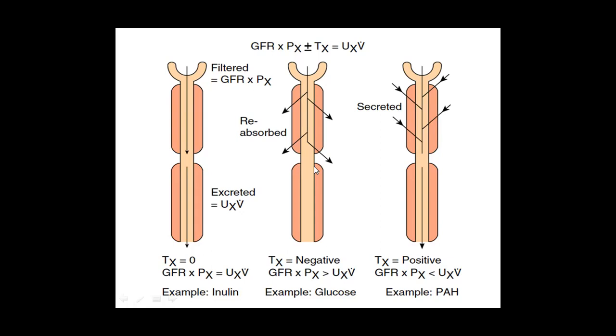So here the excretory amount is greater than the filtered load, because it is added upon by the tubular addition or secretory amount, and that is an example of PAH. Here also there is an extremely high level of tubular processing, but here it is an addition of substance. So these are the three classical examples of tubular processing.